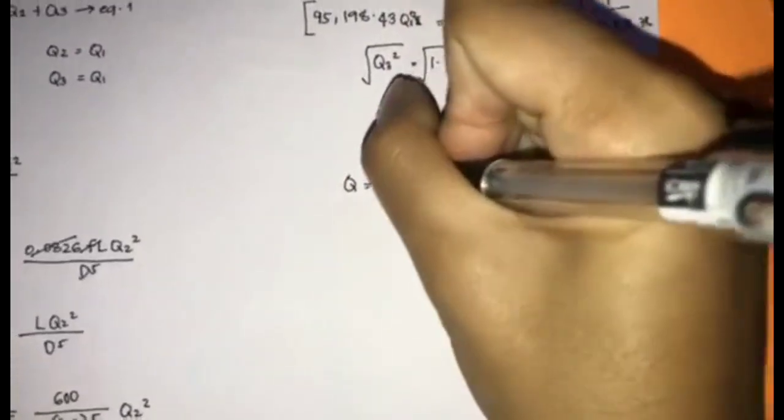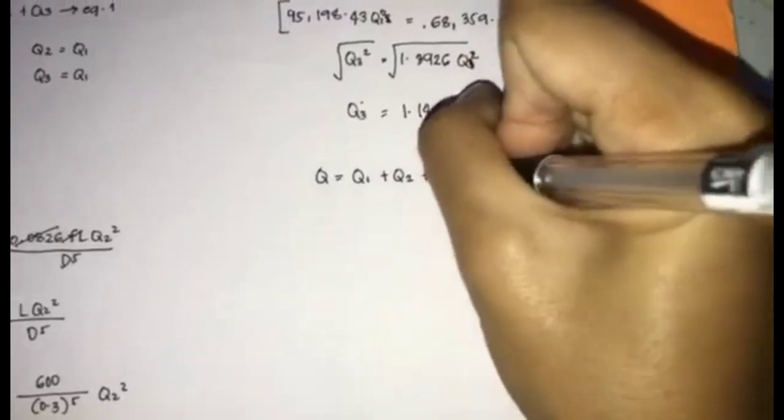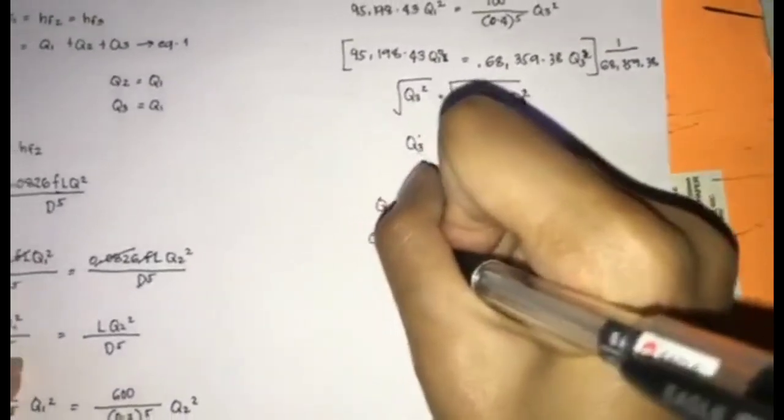So now that we have the value for Q2 and Q3 in terms of Q1, we go back now to the main equation, which is Q is equals to Q1 plus Q2 plus Q3, to get the value of the discharge at pipe 1, 2, and 3.